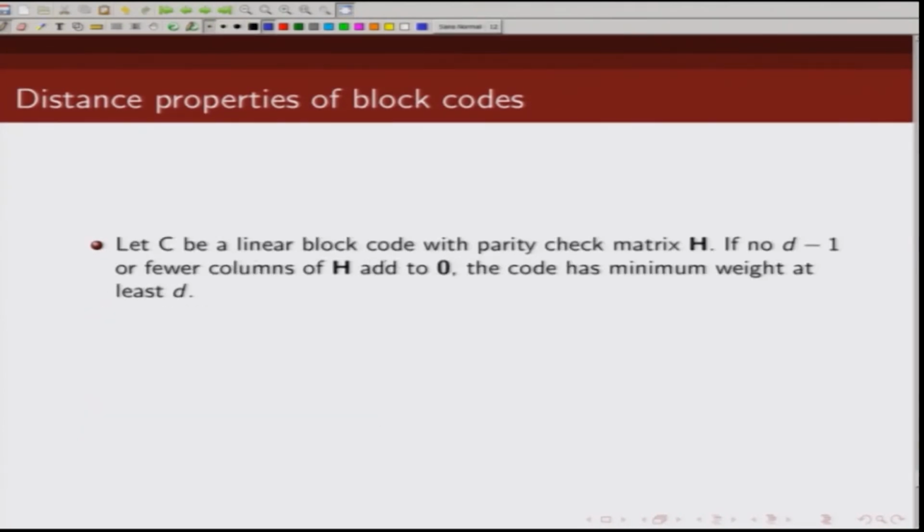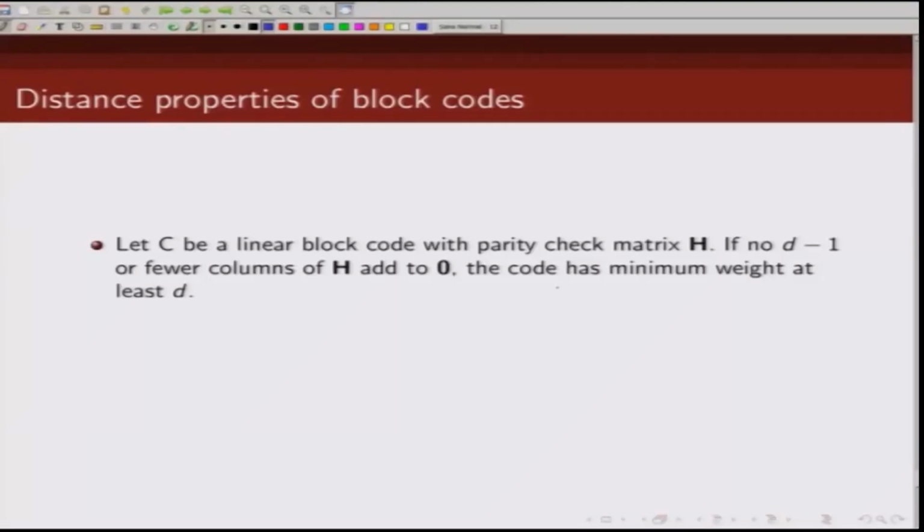If C is a linear block code with parity check matrix H, and if no D minus 1 or fewer columns of the parity check matrix add up to 0, then the code has a minimum weight of at least D. So, the minimum distance of the code is at least D if the vector sum of any D minus 1 or fewer columns of the H matrix does not add up to 0.